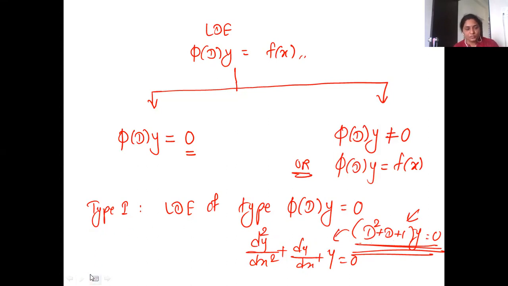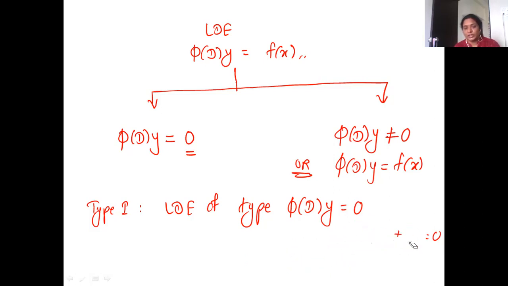Okay, we are going to solve the type 1 equation. How to solve the equation of type 1? For example, the equation is d square plus 4y is equal to 0.